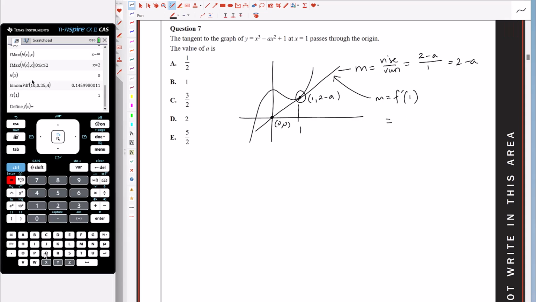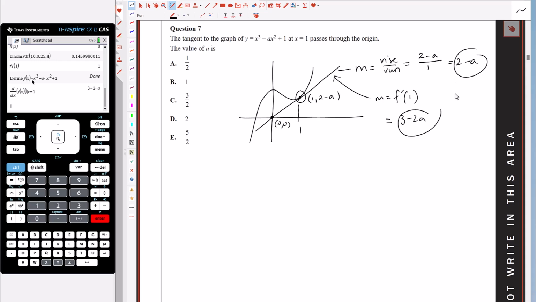And then we can equate those 2 expressions. So let me just finish defining the function here. We're going to have x cubed minus a times x squared plus 1. Okay, so if we differentiate f of x at x equal to 1, that is 3 minus 2a, and so therefore these 2 things must be the same.